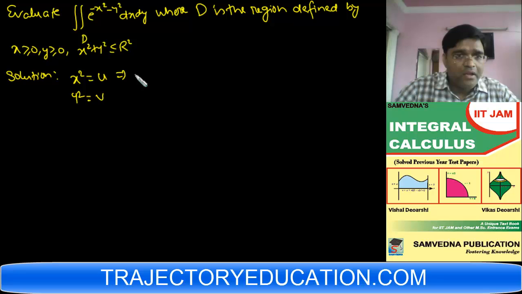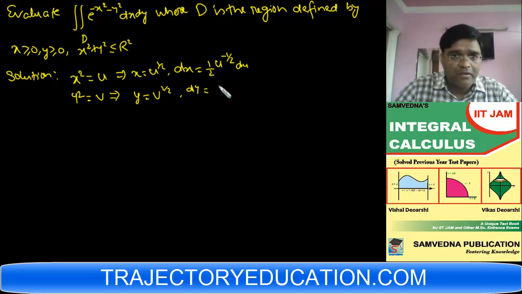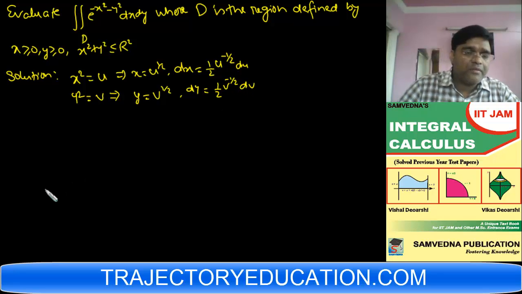So this will give x equals u to the half, and dx will be 1 by 2 u to the minus half du. Similarly y equals v to the half, and dy will be 1 by 2 v to the minus half dv.